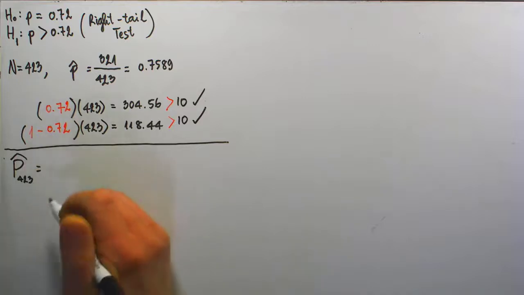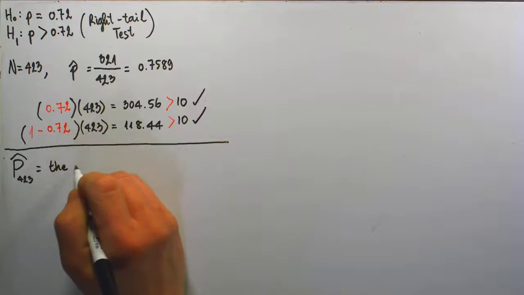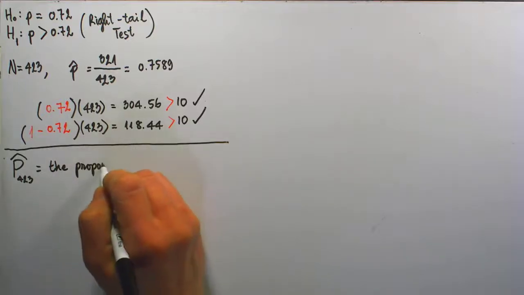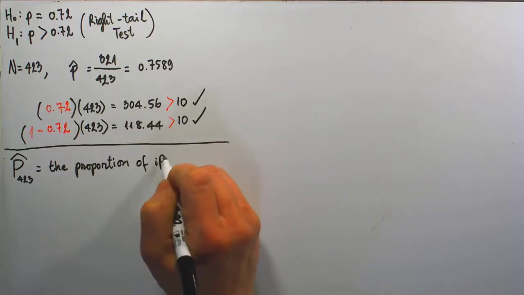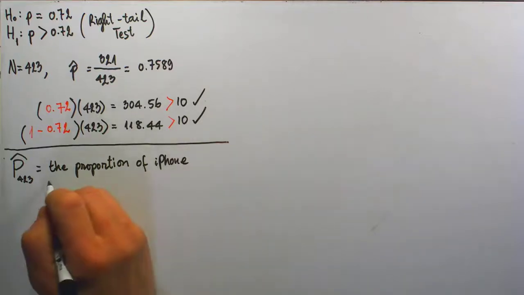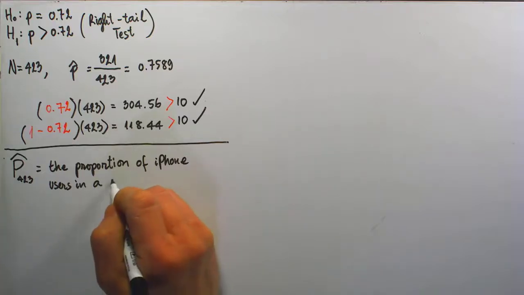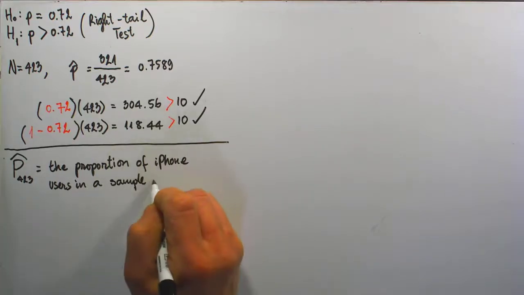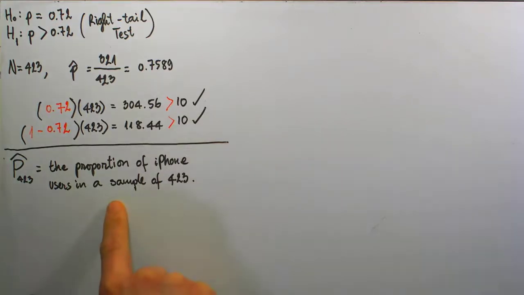So capital P hat 423 here is a random variable that represents the proportion of iPhone users in a sample of 423 cell phone users. So in that, we know that our sample is one value among infinitely many values in this population of sample proportion values.